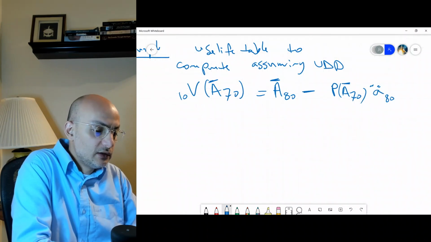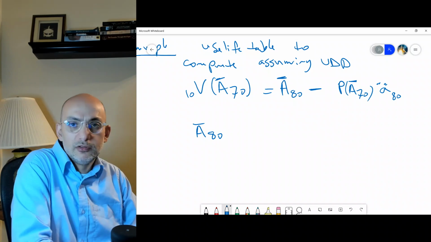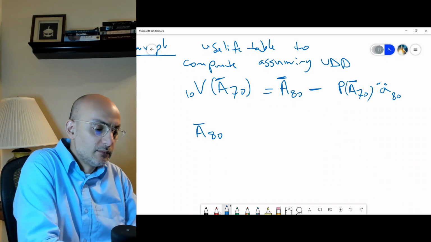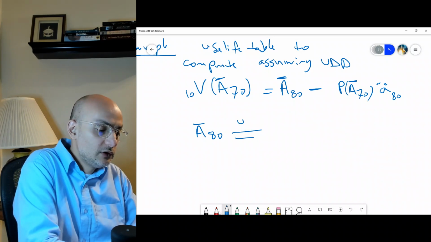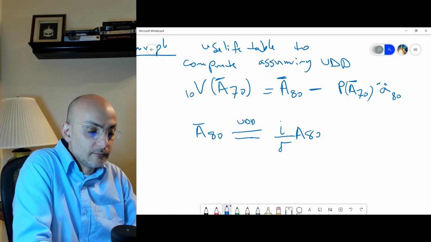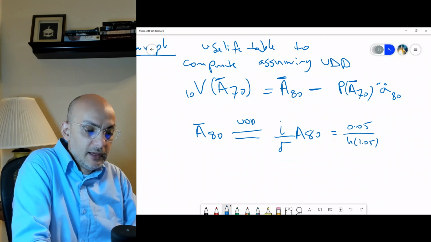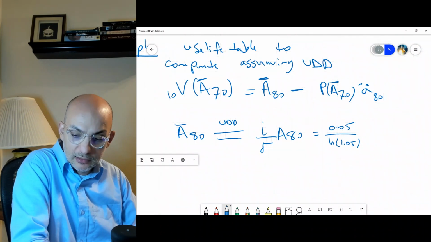Now let's see what we have. But A80, we don't have it in the table. But now using UDD, this can be i over delta times A80. And delta is 0.5%, because the life table we have is at 5%, ln 105. And A80 we already found earlier.